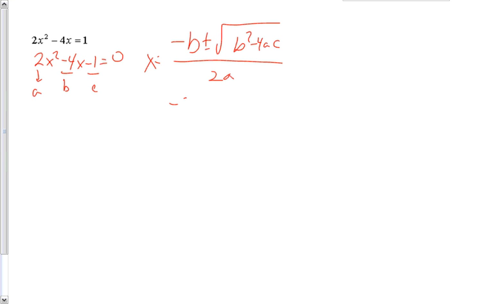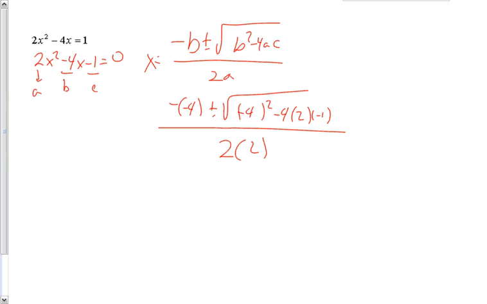So, negative negative 4 is there, plus minus the square root of negative 4 squared. Remember, the negative is in the square, so it's going to become positive always. Minus 4 times 2 times negative 1, all over 2 times 2. That's 4 plus minus the square root. Negative 4 squared is 16, plus 8, all over 4.